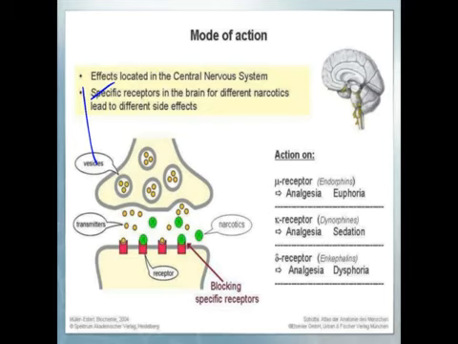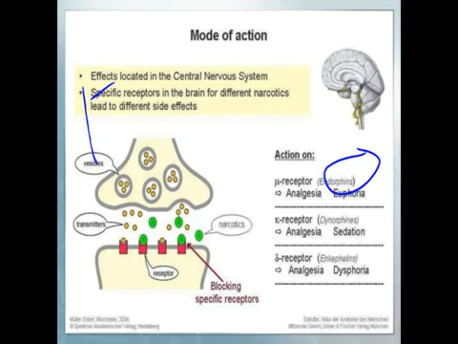The next part is the mode of action of opioid analgesics. Opioids are generally known as agonists of endogenous substances, and these substances are known as endorphins. It is the group of structures which look like morphine.